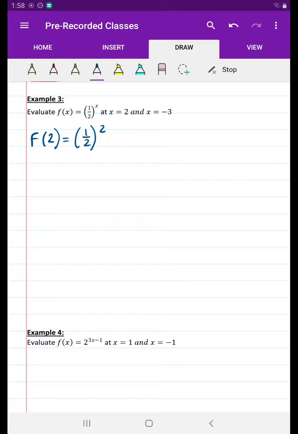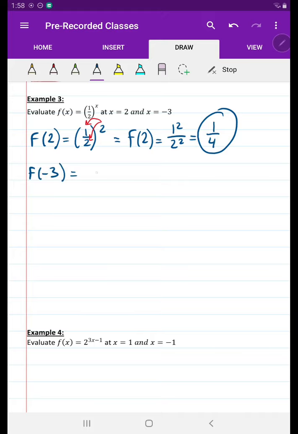You know that if you have an exponent on the outside, that applies to both pieces of your fraction on the inside. So then we could say that f of 2 turns into 1 squared over 2 squared, which is just 1/4.